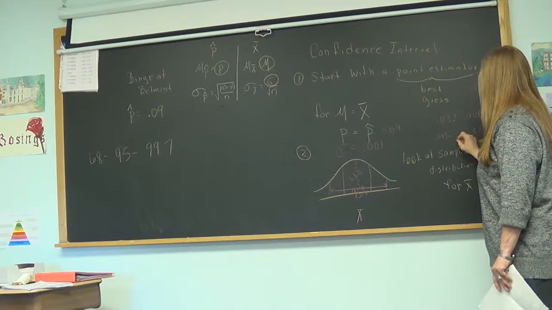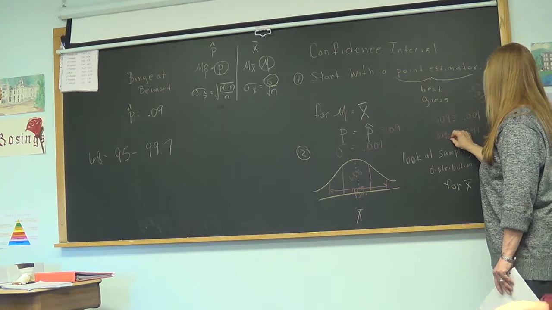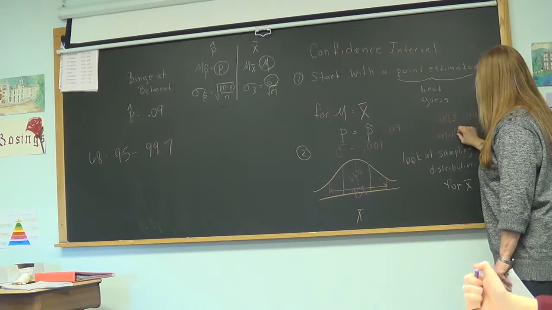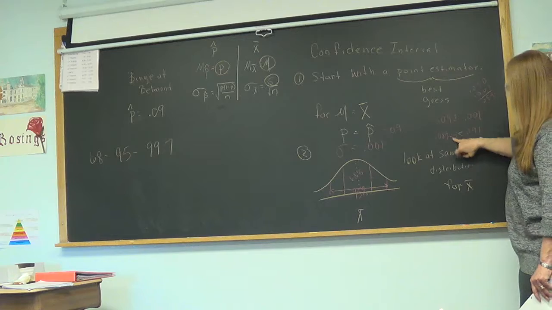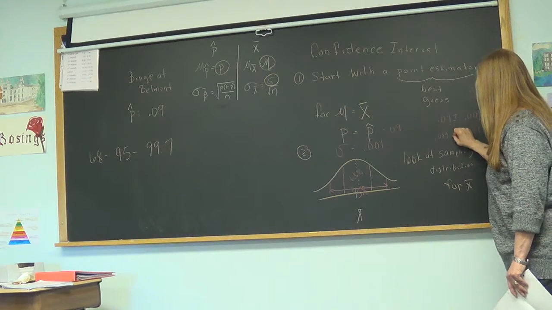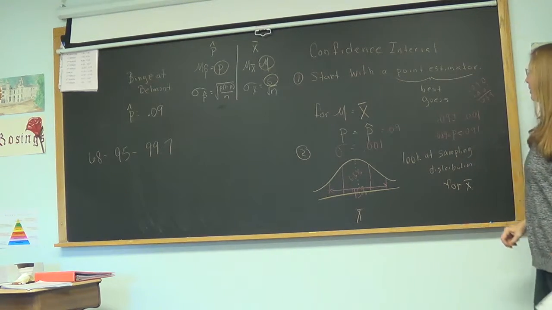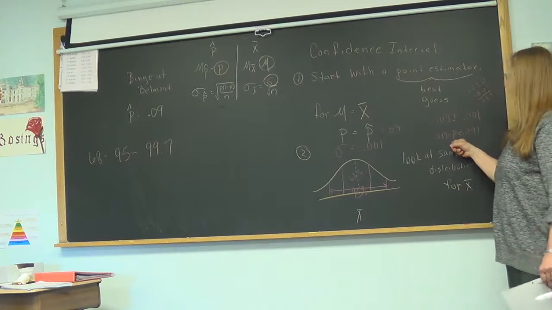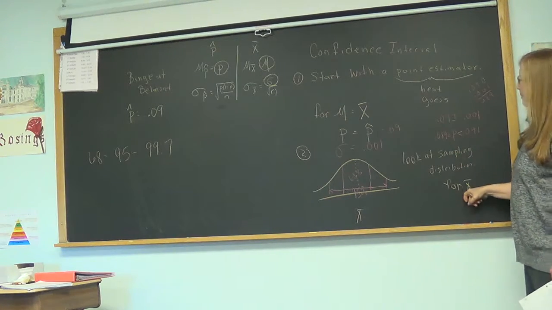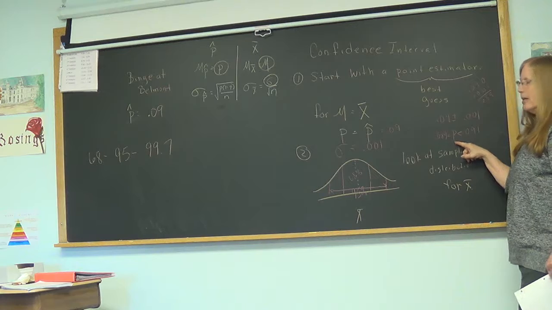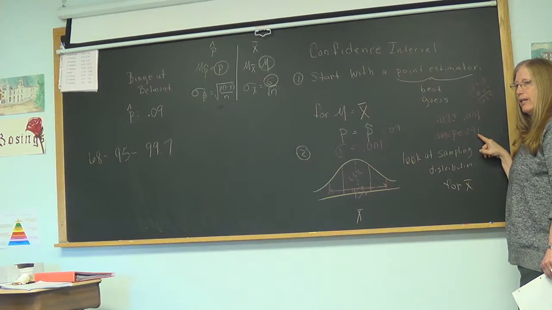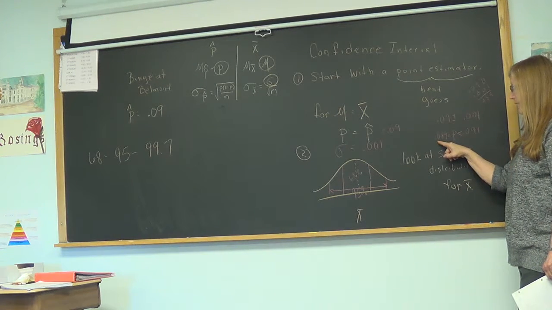So we're going to put a confidence interval around our P hat, the proportion. We took the binge drinkers and our sample gave us 0.09. We're going to go up 1 standard deviation from it and down 1 standard deviation.